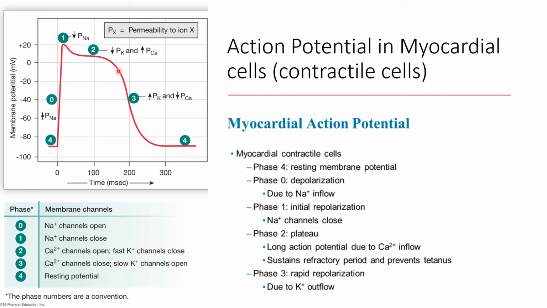So now you have no more calcium entering the cell, and you have a bunch of potassium ions leaving the cell, which is going to cause the graph to start dipping down, and you're going to have repolarization. And that repolarization, potassium ions are going to keep exiting the cell until we go back to the resting membrane potential. So those are the steps of an action potential taking place within our contractile cells.